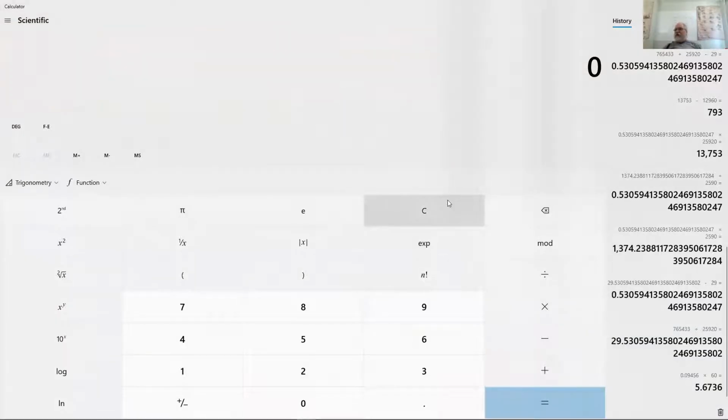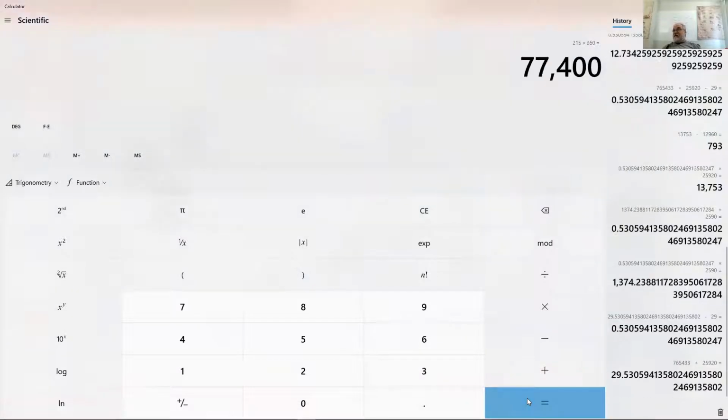So 215 times, what would we multiply it by? 360 maybe. Well, if you multiply it by 360, you're going to get this number 77400. So this is the number of prophetic days that 215 years is.